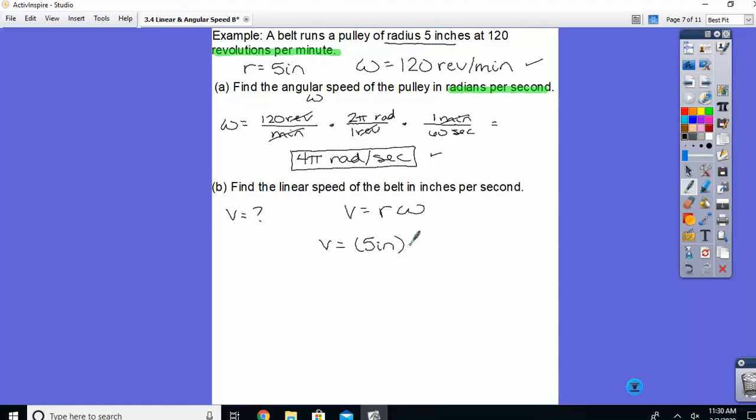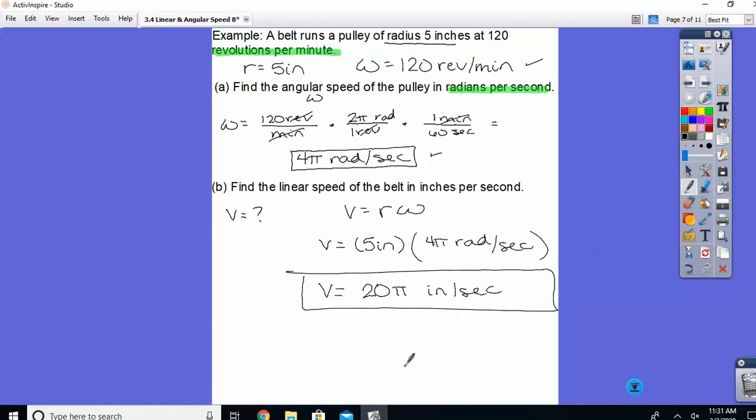So I'm going to use the 4 pi radians per second. So 5 times 4 pi would just be 20 pi inches per second. And again, I don't care if you write the units within your problem, just as long as you can put your units on your final answer, however you prefer.